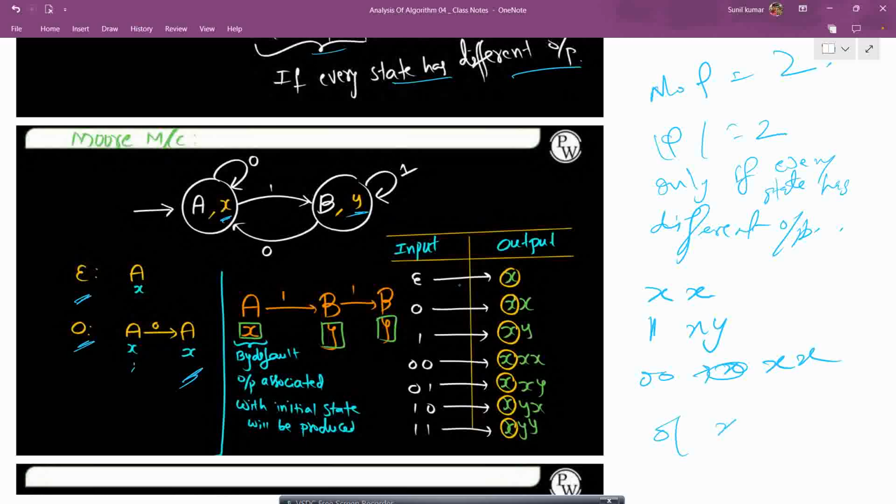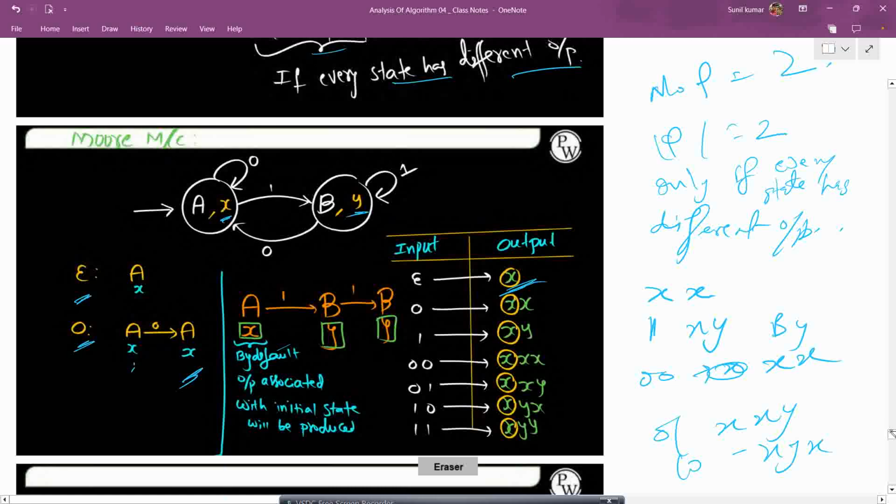For 0 1 it is x x y, and for 1 0 it is x y x. By default, the output associated with the initial state will be produced.